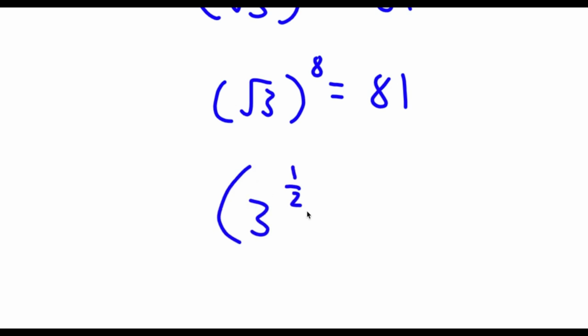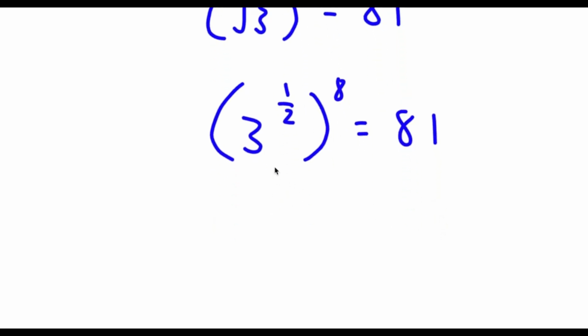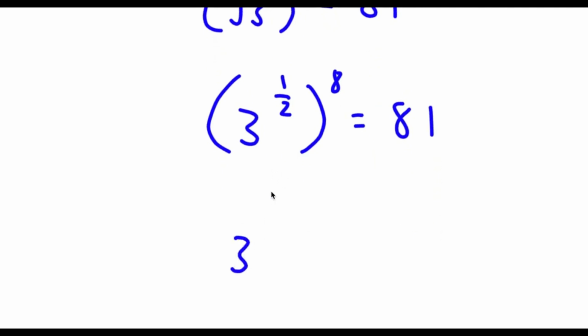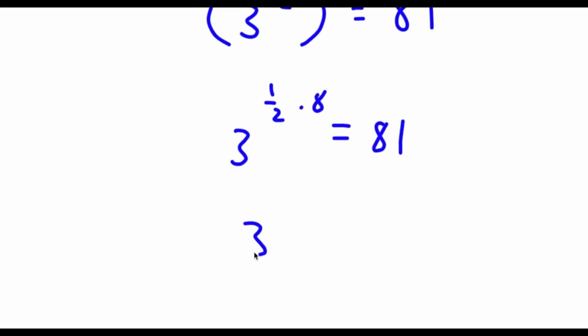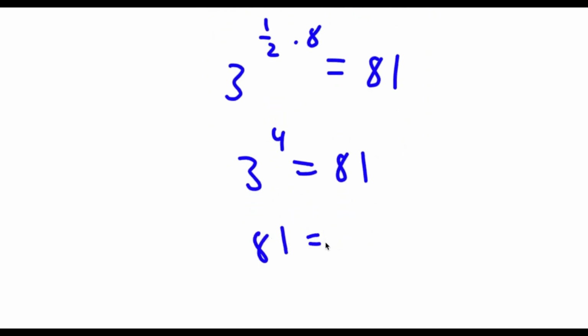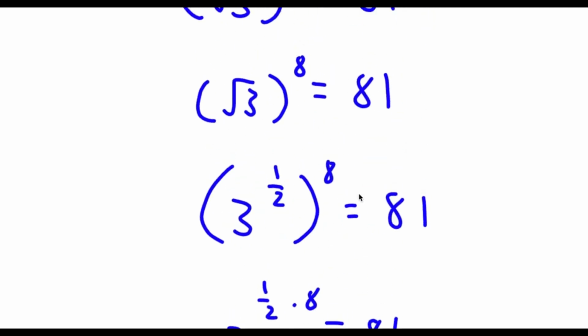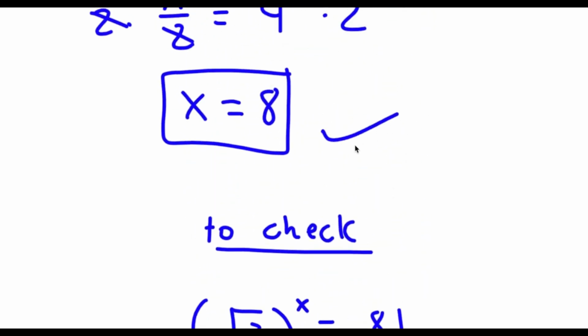So now I have 3 to the power of 1/2, to the power of 8, is equal to 81. This is the same thing as 3 to the power of 1/2 times 8. 8 times 1/2 is 4, so I have 3 to the power of 4, and 3 to the power of 4 is 81. So I have 81 is equal to 81, and this is right, so my solution is right.